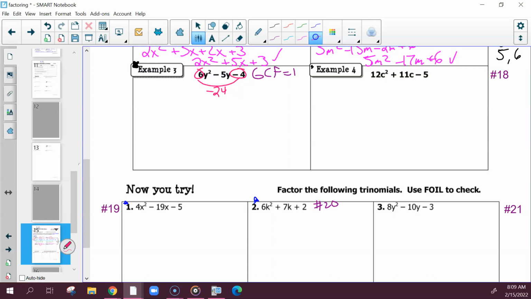And then we need to think about 2 numbers that would multiply to be negative 24 and add or subtract to be negative 5. 3 and negative 8, yep.